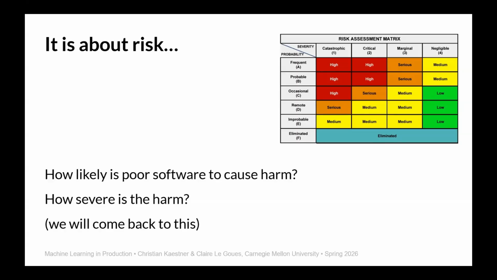Are we okay with occasionally sending 600 postal workers to jail? Probably not. Hopefully not. Are we okay with occasionally missing a weapon in a bag? Probably. Are we okay with occasionally missing a large bomb in a bag? I'm not building this software, right?